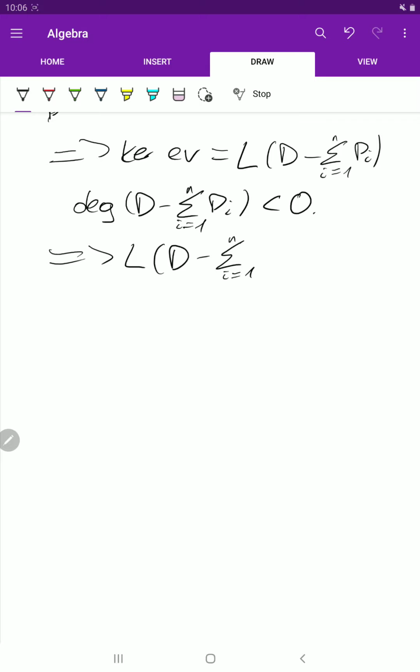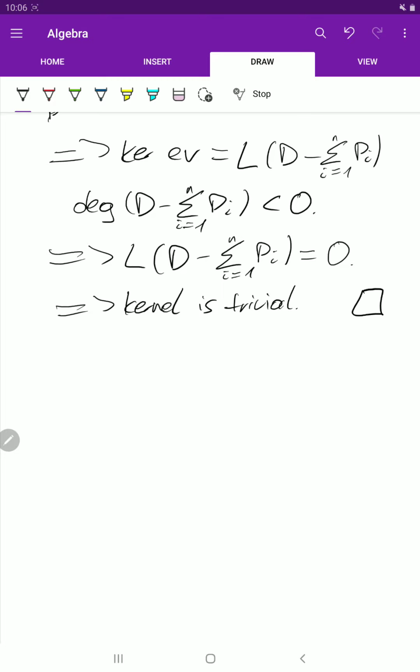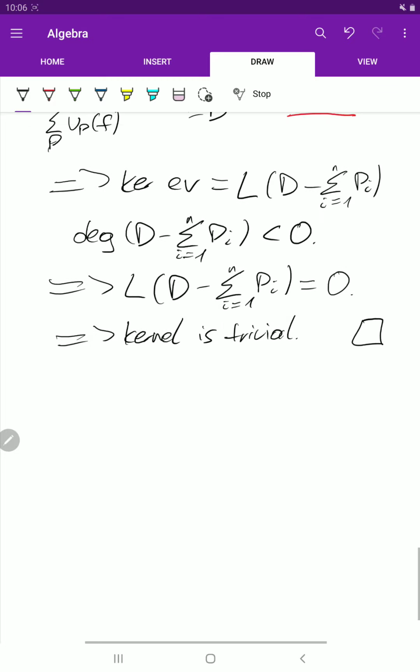So if the degree is less than 0, then the space is 0, so it's trivial. So this gives us that the kernel is trivial. So that's the proof of this lemma.